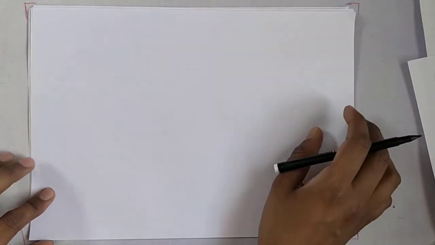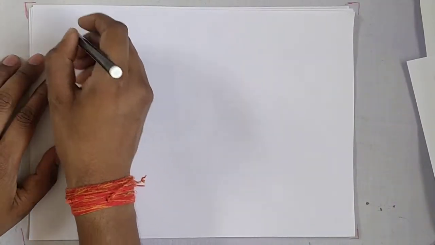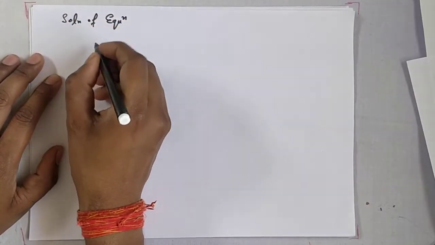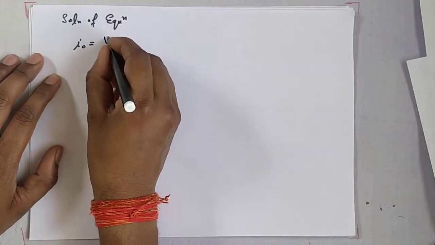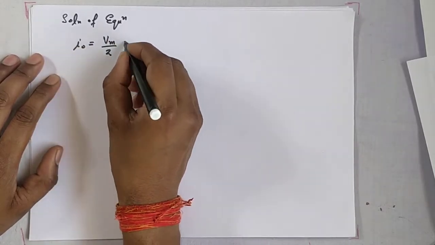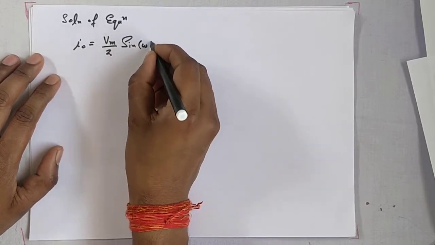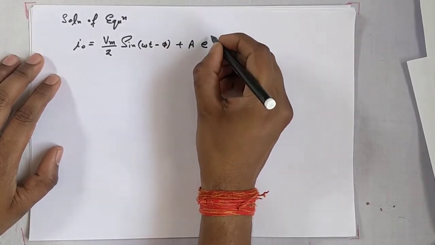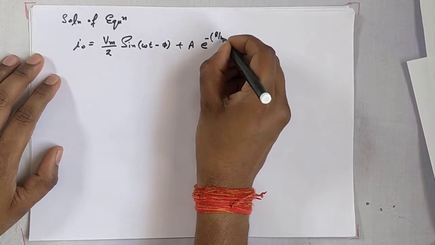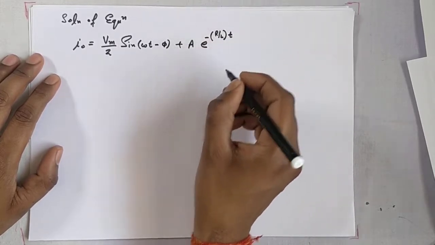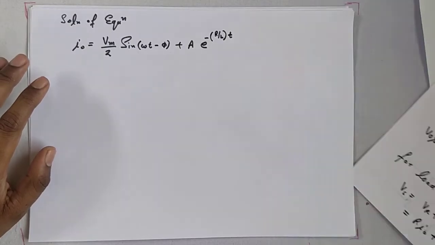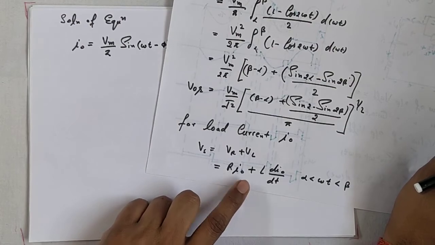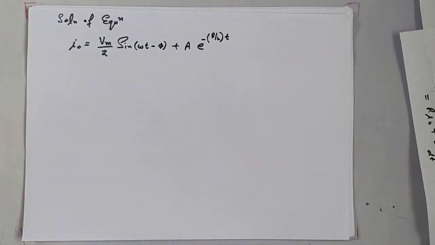Now the solution of this equation will be I naught equals Vm divided by Z sin(omega t minus phi) plus A e to the power minus R by L t. This is the solution of this equation; you can easily find it, no problem.